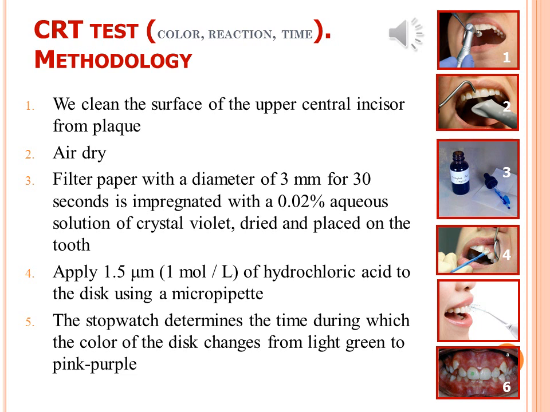This is considered a relevant measure for determining the acid resistance of enamel. Calcium ions in the enamel impregnate the disc and discolor it. If this happens quickly, then the tooth is prone to caries.